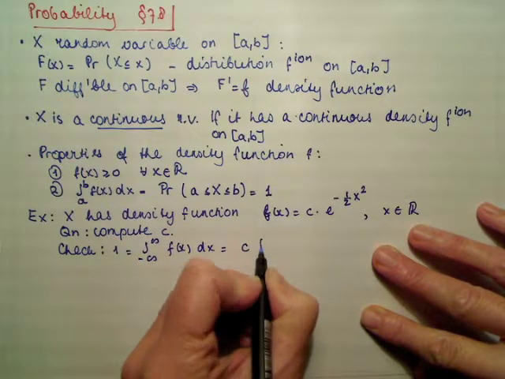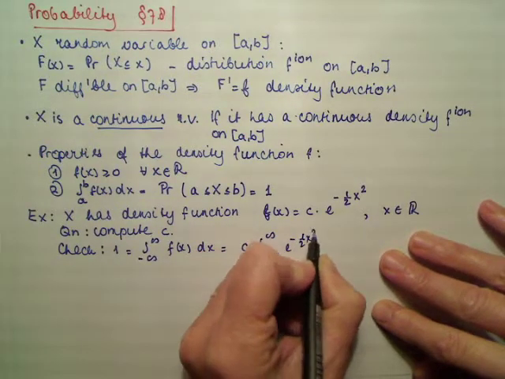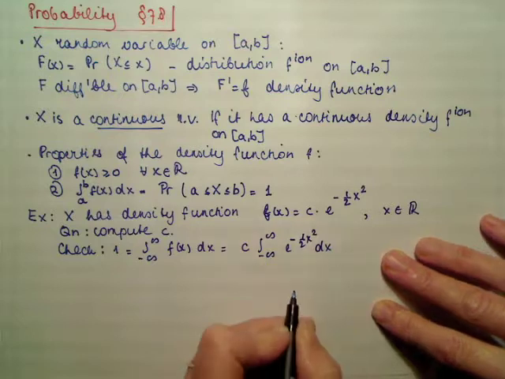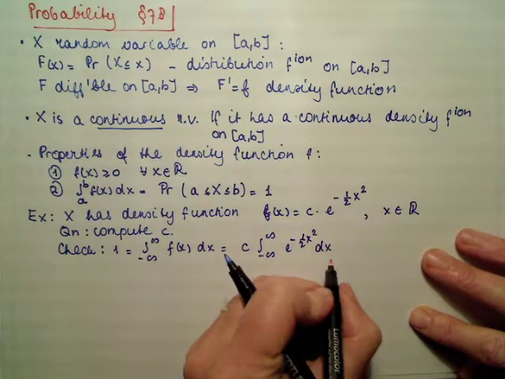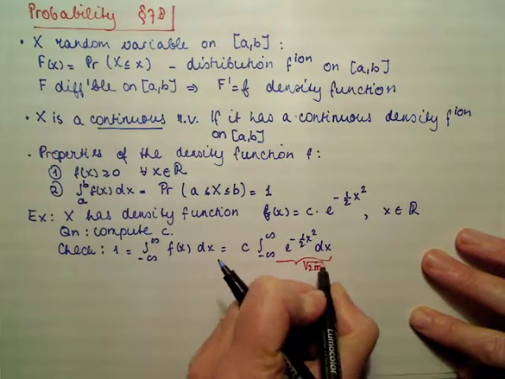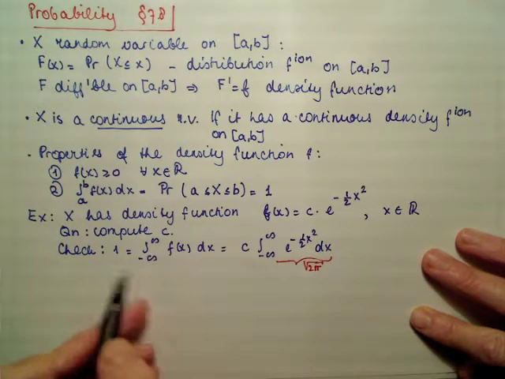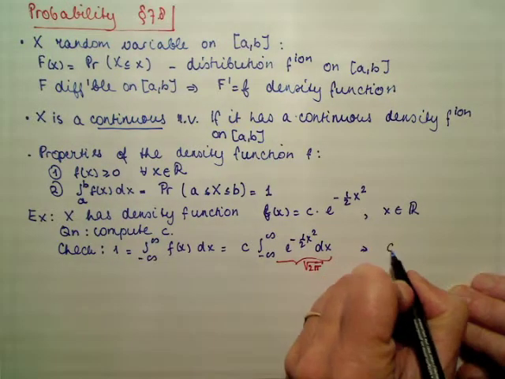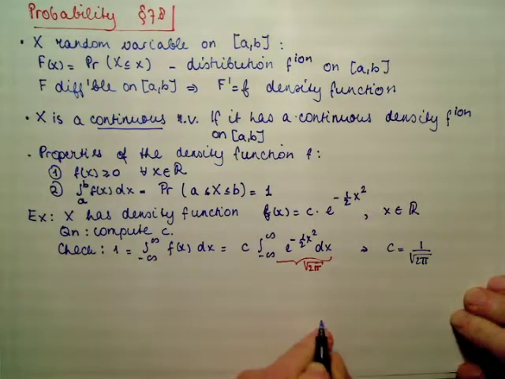So let us do this integration. This is a very hard integral, so I do not expect you to prove it, but what can be proved is that this integral equals the square root of 2 pi. So we need the constant times the square root of 2 pi to equal 1, so this constant needs to be 1 over the square root of 2 pi.